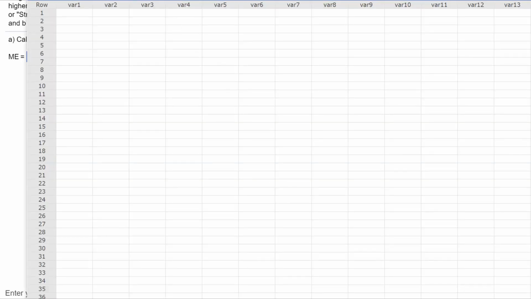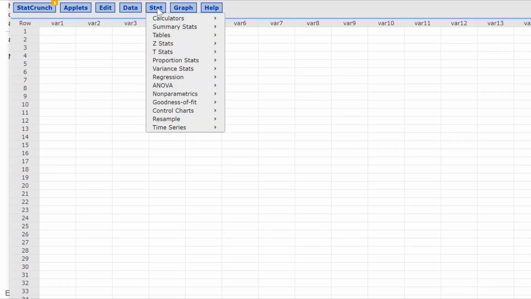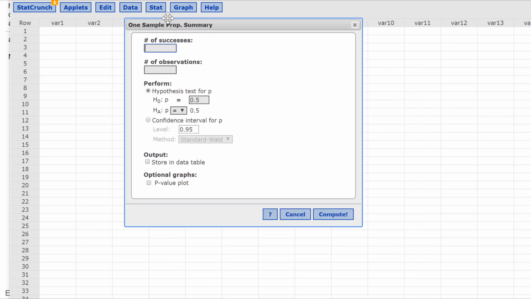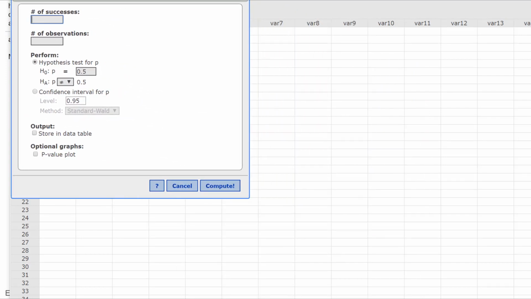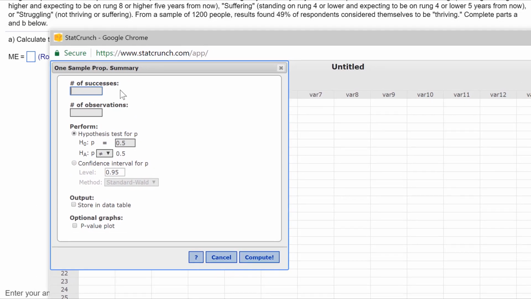Okay, so we're going to open StatCrunch up, and we're going to run a confidence interval. So Stat, Proportion, one sample, and we have just summary data. So the number of successes, this is our p hat. Actually it's 0.49, but you can't just put 0.49 in.